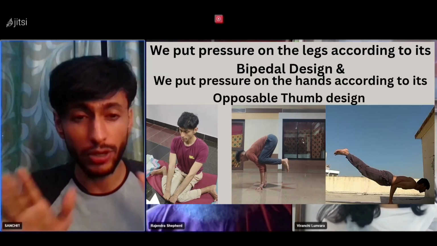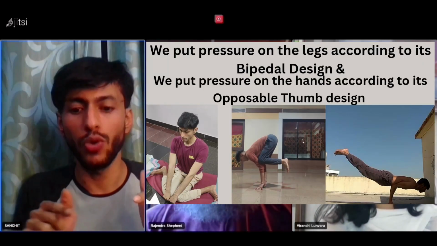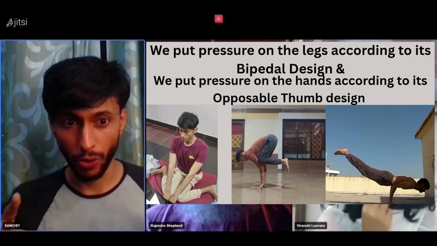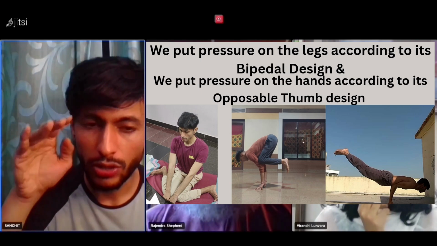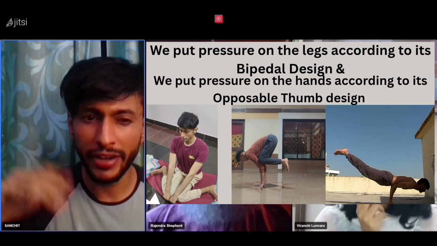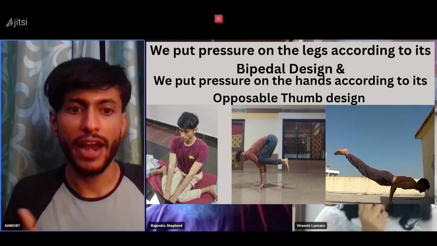For example, we put pressure on the pressure points of the foot and the hands, and the way we put pressure on the pressure points of the foot is according to the natural bipedal design of the lower body and the natural opposable thumb design of the upper body. So that affects not just the outer musculoskeletal structure, it's also affecting the glandular structure, and the nerve plexi. By that process, you're also affecting the mind.